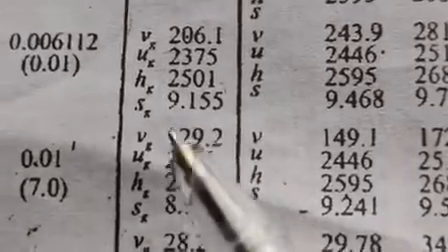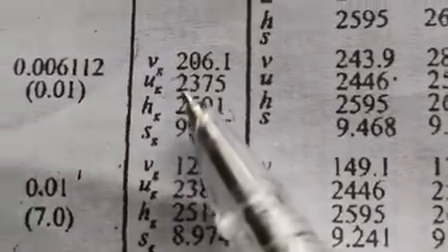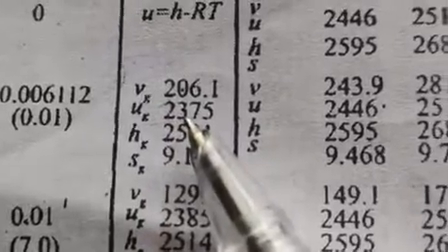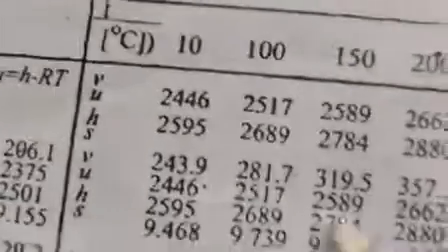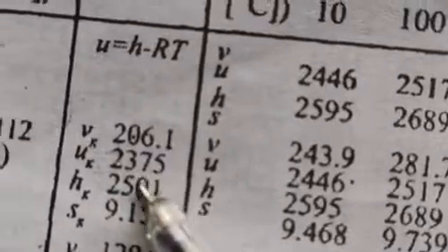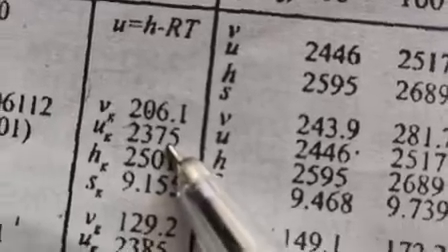So from superheated steam, once again these are the values for internal energy. This internal energy, which is the second value. Okay, so we're looking for 2446.5, and this is the line for 23. We don't need that here.